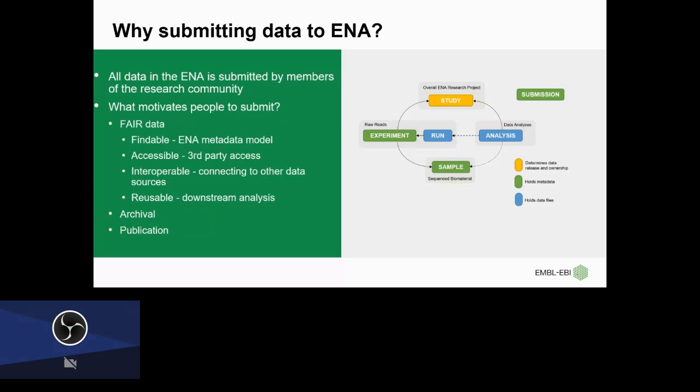The arrows depict the dependencies of each of these model objects, and as you can see, everything points back to study. This way we make sure that all your data submitted separately is well connected and can be found through studies.